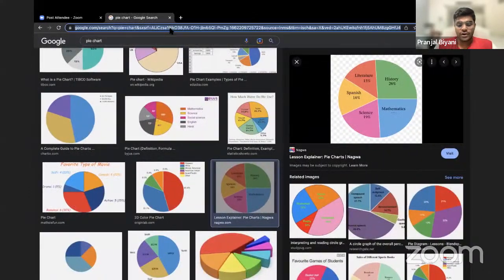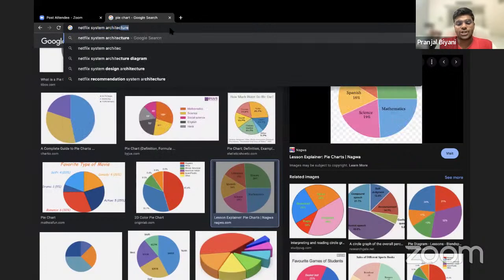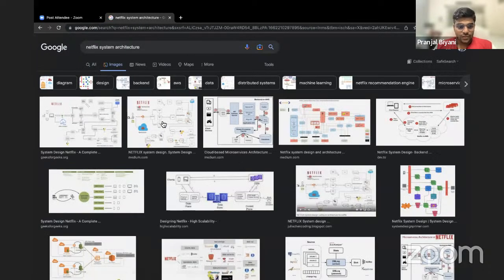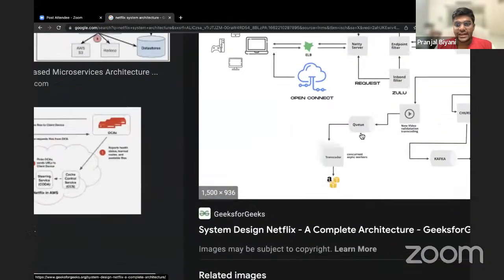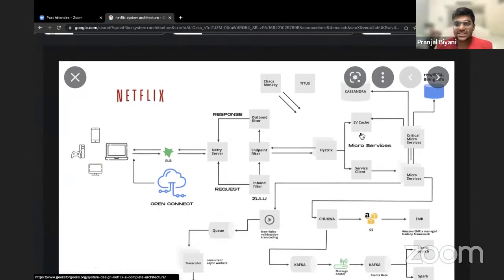What is the design of their technology? Suppose I go for Netflix system architecture. If you look at that, you can see that it's a very complicated, highly fast, optimally efficient architecture.